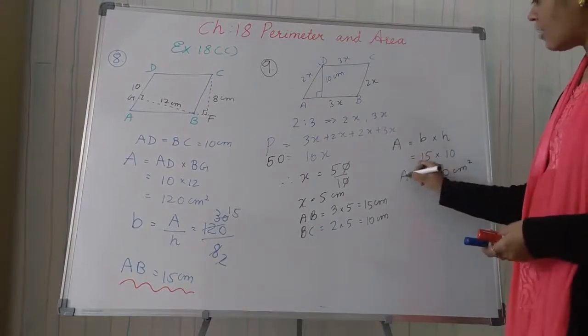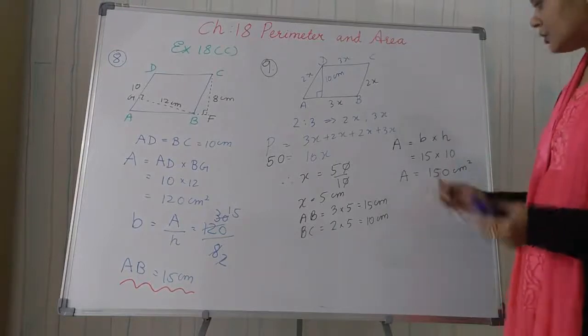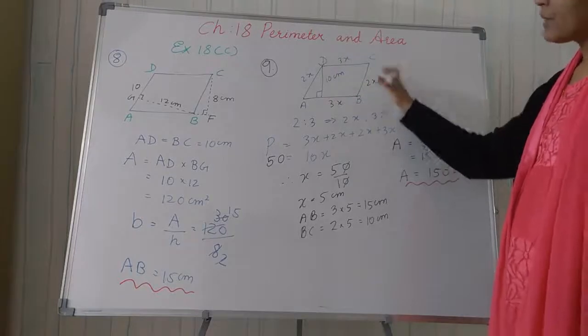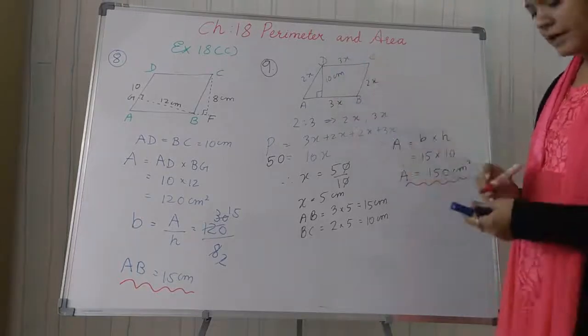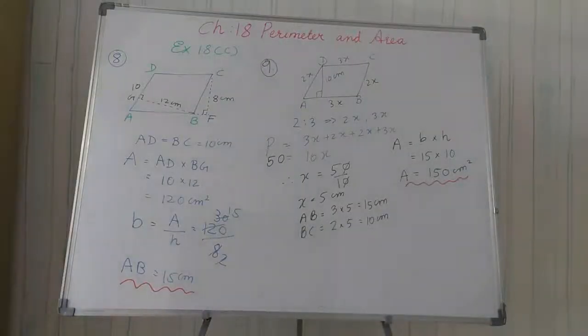This is the area of parallelogram ABCD. So if the figure is not given in the question, you can draw a parallelogram like this and write the sides accordingly for your necessary values to find out. So here we have completed exercise 18C. Students, you have to understand.